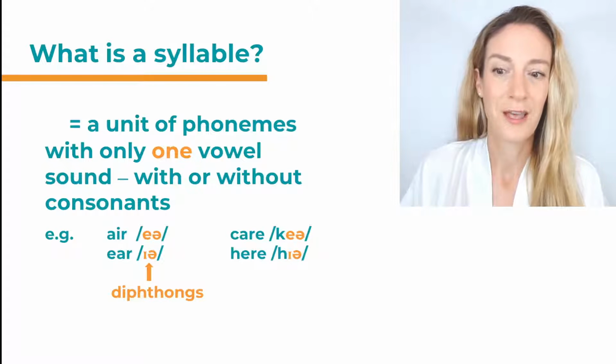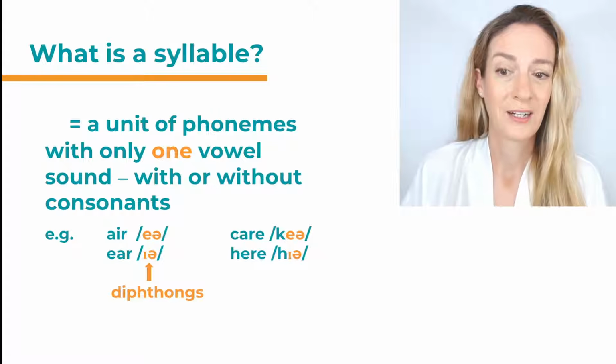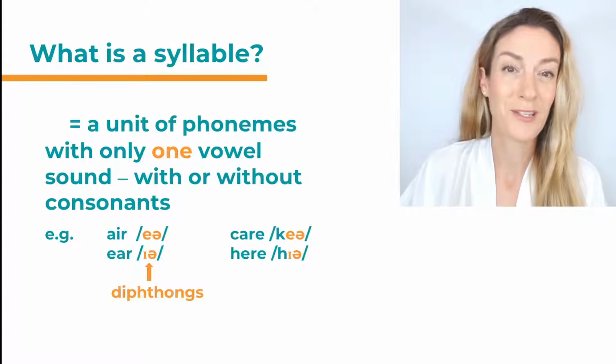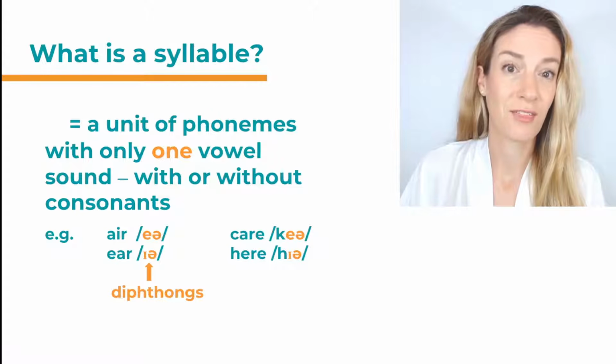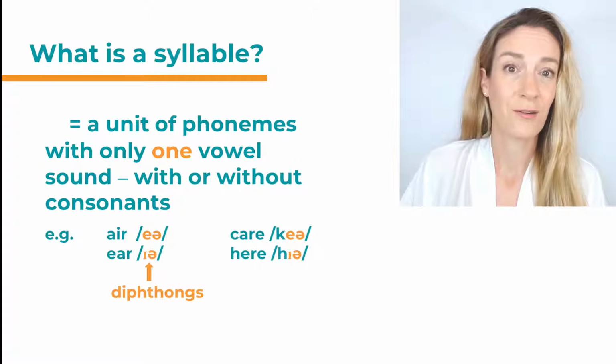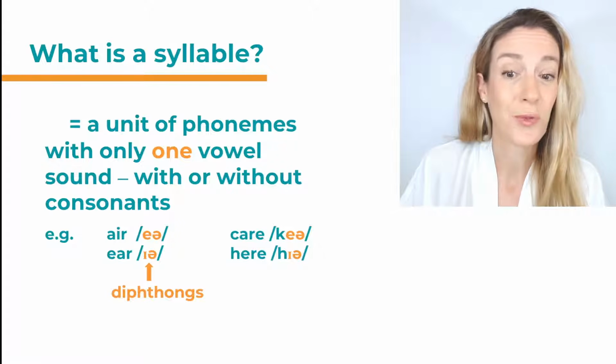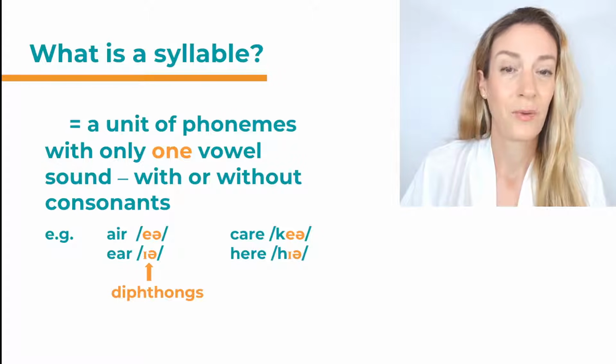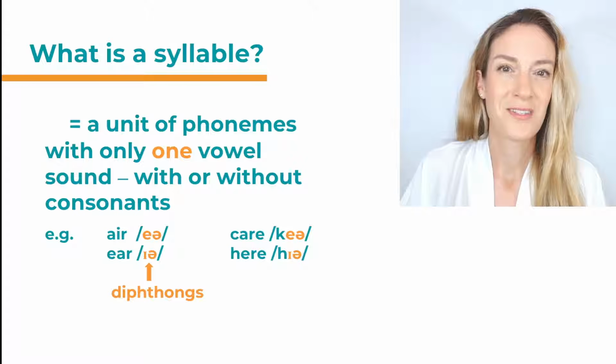We have, for example, the word air. And here I always write down the transcript because we go by sound. So air only consists of the diphthong air. So that is already a syllable and also a word. Or care, here we have air with a k, so there's a consonant with it.